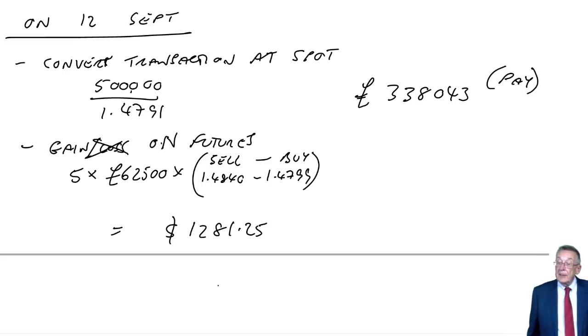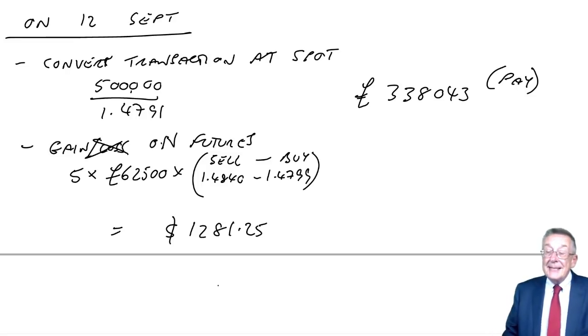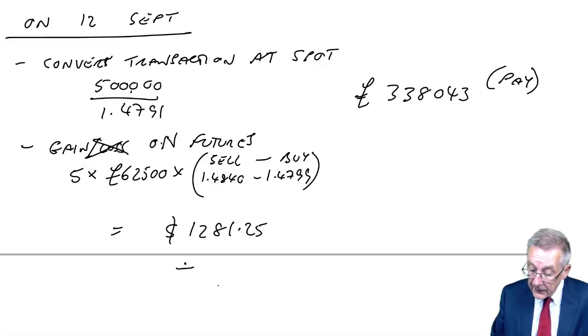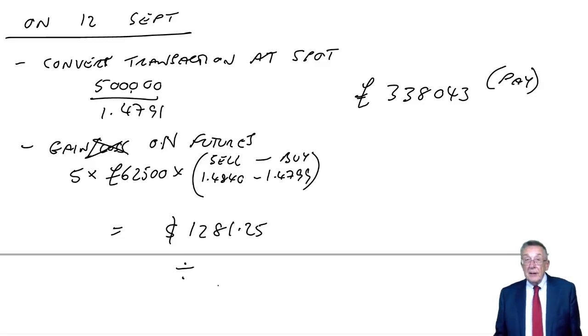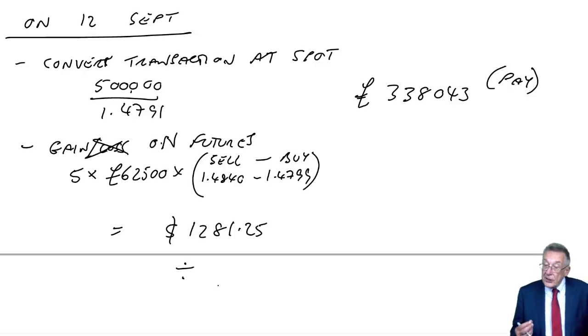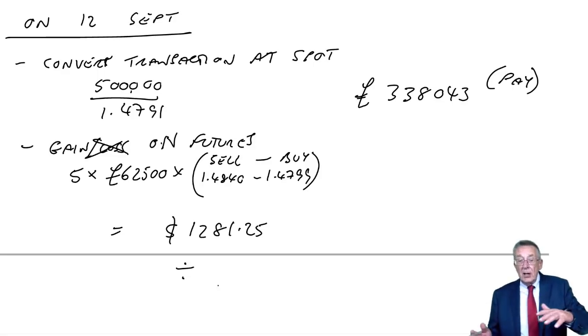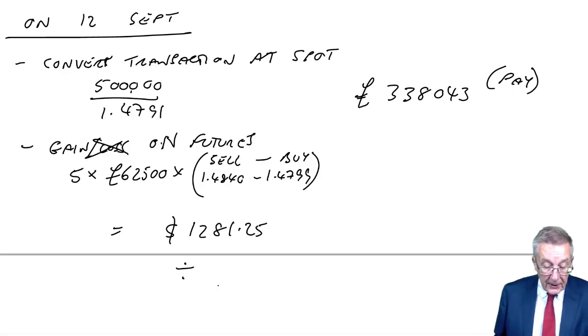Finally, though, like last time, this is calculated in dollars, so we'll receive dollars. We're in the UK, so to convert to pounds, we'll convert at the 12th of September spot when we get the gain. So $1281.25, we're selling dollars to buy pounds.